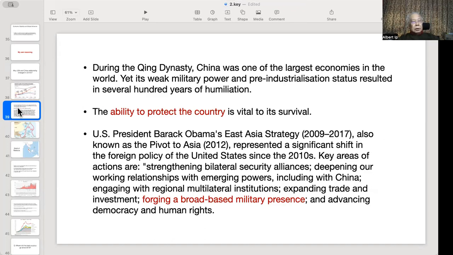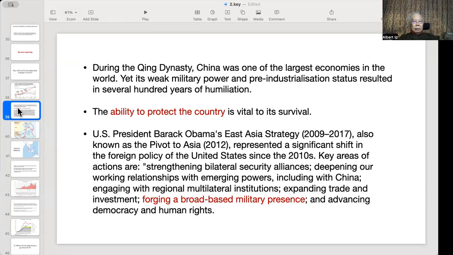That wasn't a priority until 2012. The then U.S. government, Barack Obama, started its so-called East Asia strategy, or specifically the pivot to Asia. It represented a significant shift in foreign policy in the United States.